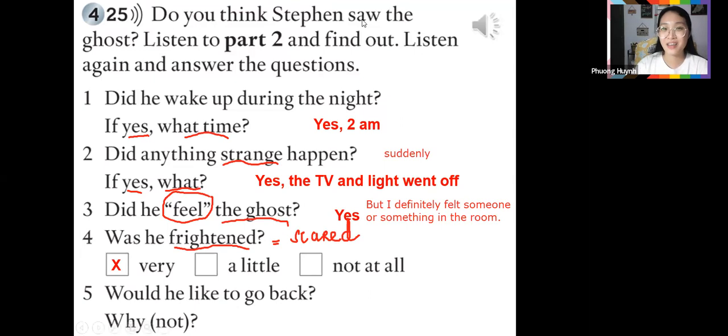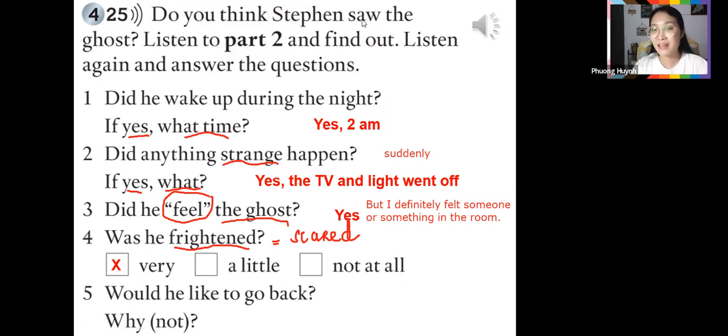So, why does he want to stay one more night at the hotel? He wants to see a ghost. Yes, he said that he didn't see the ghost, but he felt something in this room.